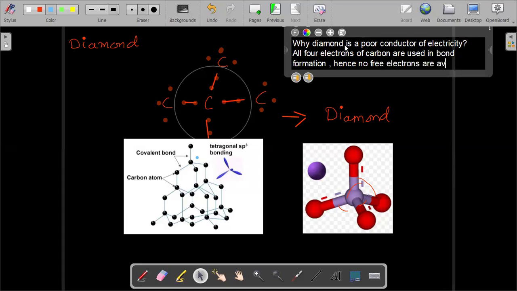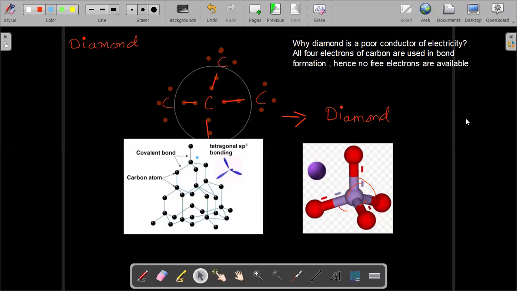Now see what happens with graphite. So no free electrons are available for electricity to conduct. Also, this is a rigid structure.